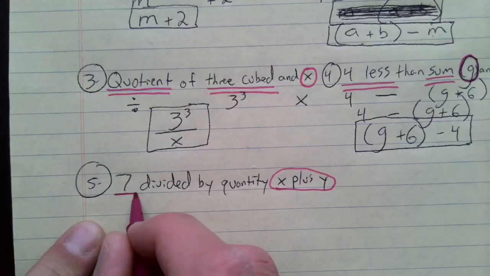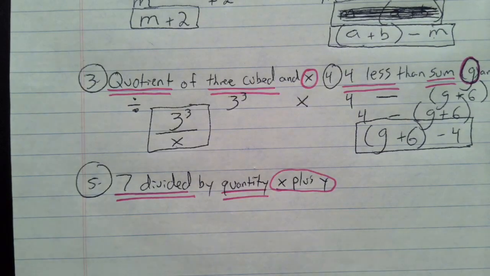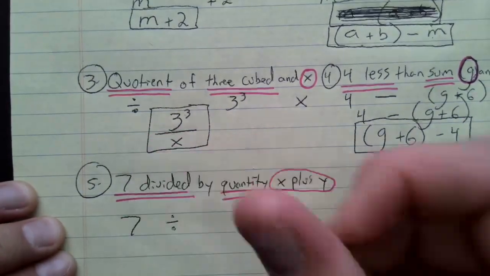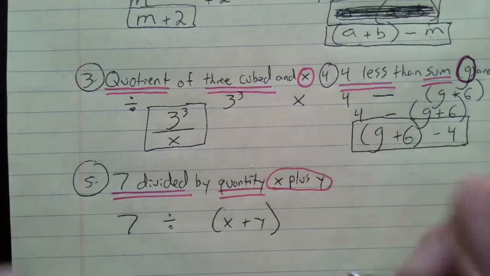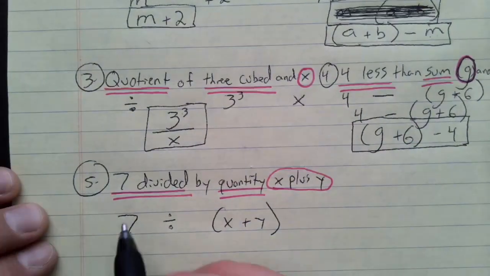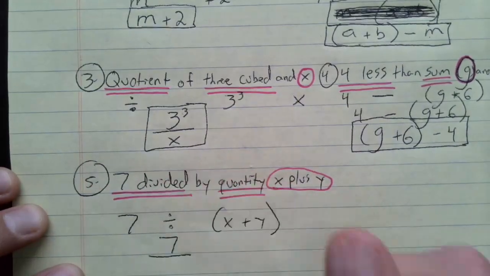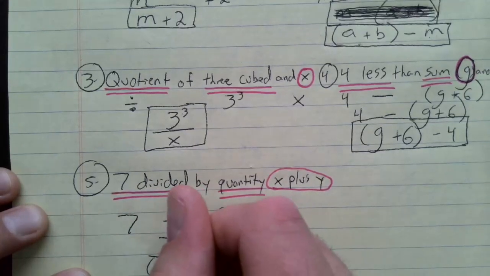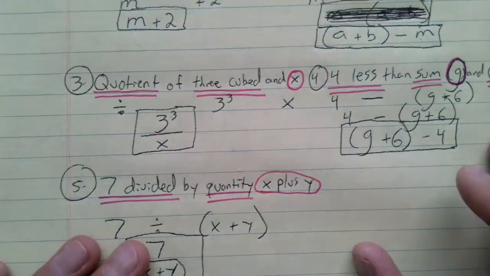And then here's a 7 divided by, and it tells us the quantity. So when we write that out, just like it says from left to right, 7 divided by the quantity x plus y is your answer. That's it. Let's see another one.